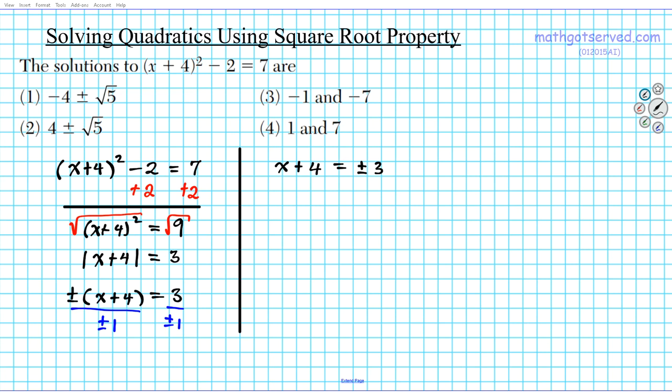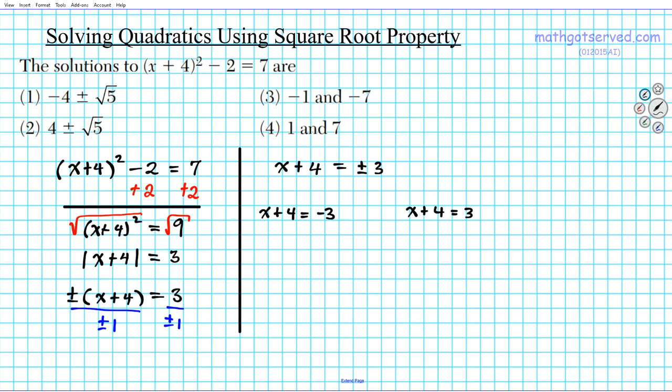Now we're going to split this equation, because we have plus or minus. This enables us to set up x plus 4 equals the negative component, which is negative 3, and x plus 4 equals 3.